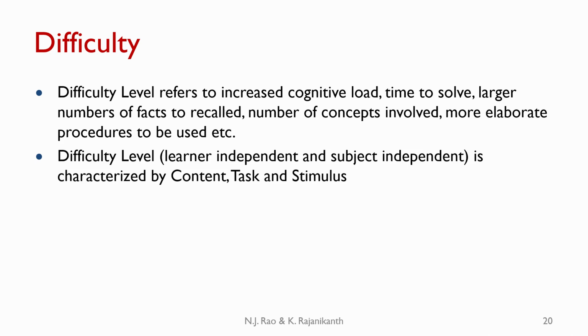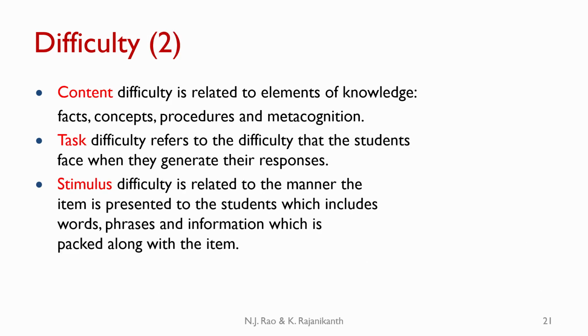Even then, difficulty level is characterized by 3 parameters, you can say content, task and stimulus. Let us see what they are. Content difficulty is related to elements of knowledge, facts, concepts, procedures and metacognition.